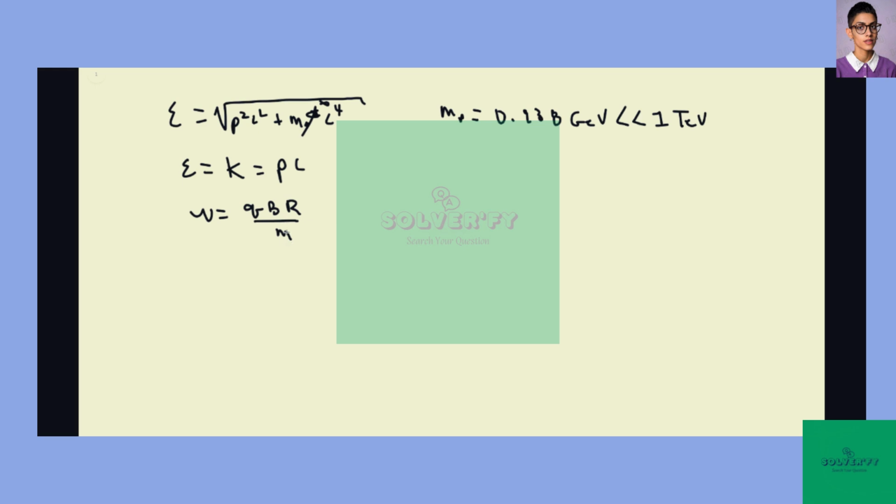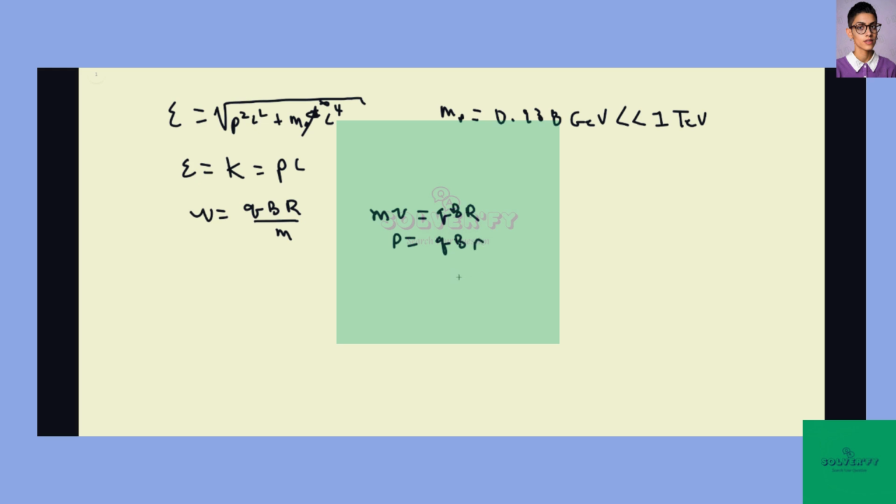So let's solve for MV. Mass times velocity is equal to QBR. The reason we did this is because mass times velocity is just the momentum. So the momentum is equal to QBR.